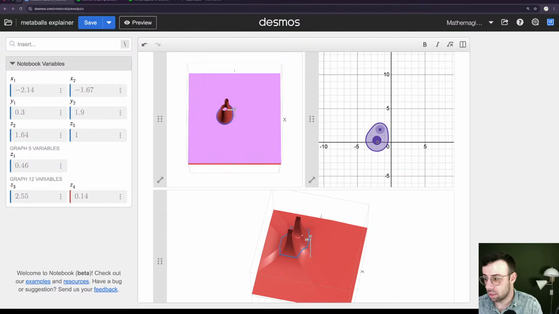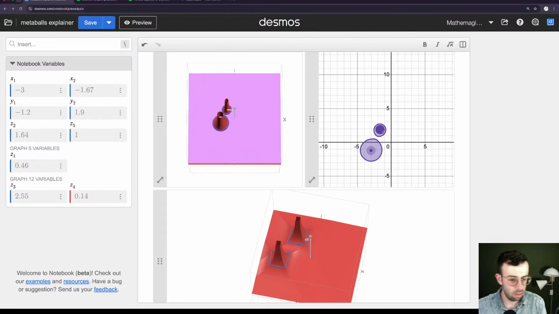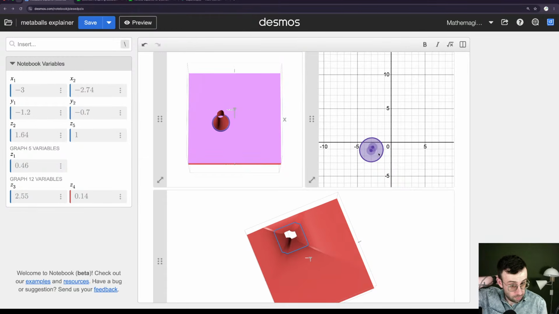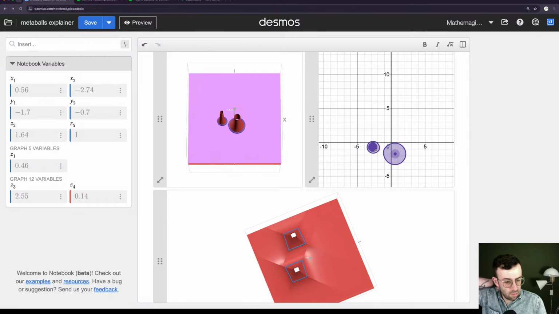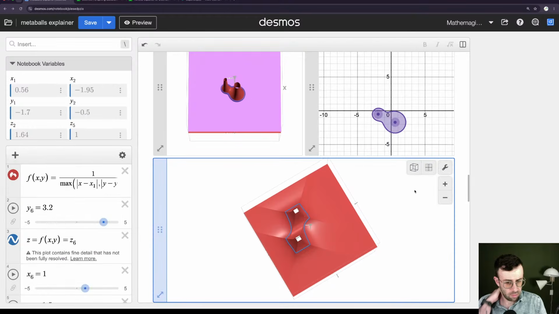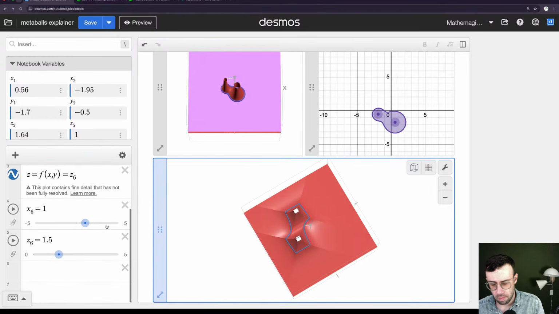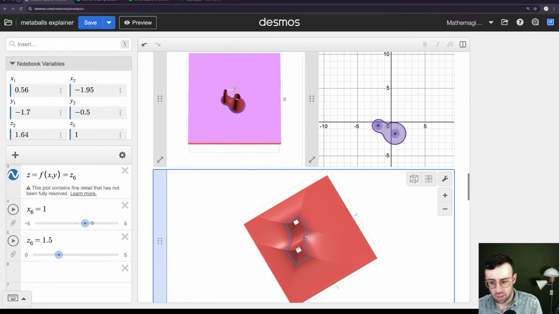Meta squares. Well, that's fun. Let's use Z2.